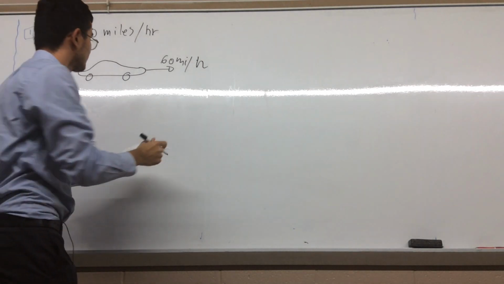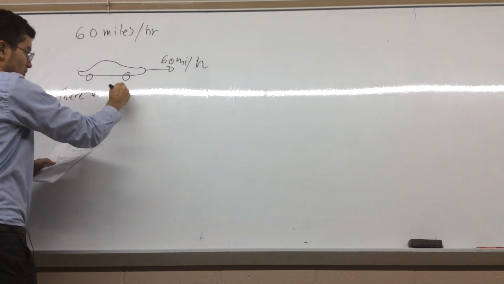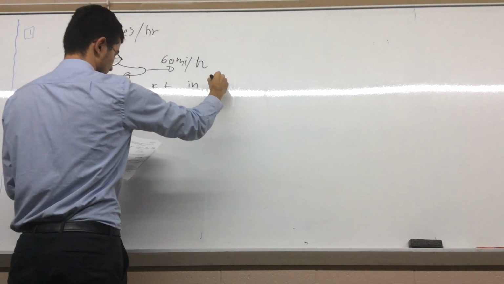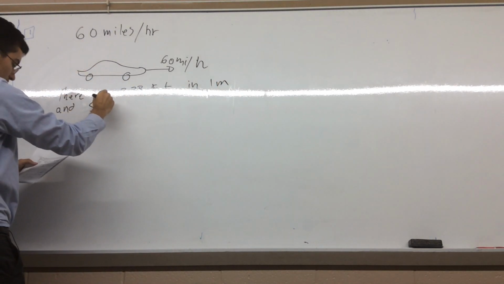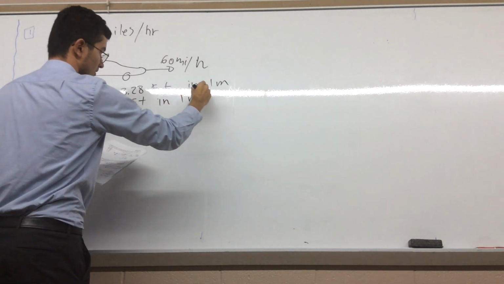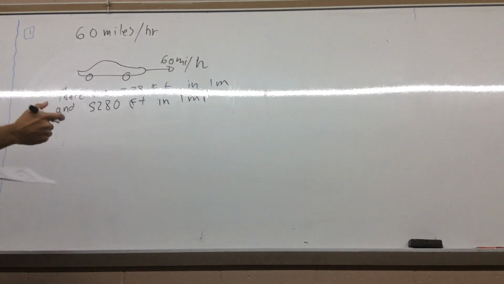They tell us that there are 3.28 feet in 1 meter, and that there are 5,280 feet in 1 mile. But I did it a little bit differently.